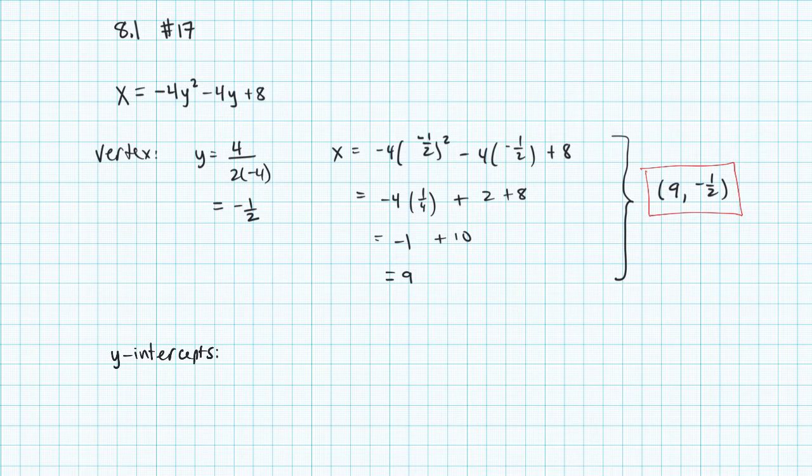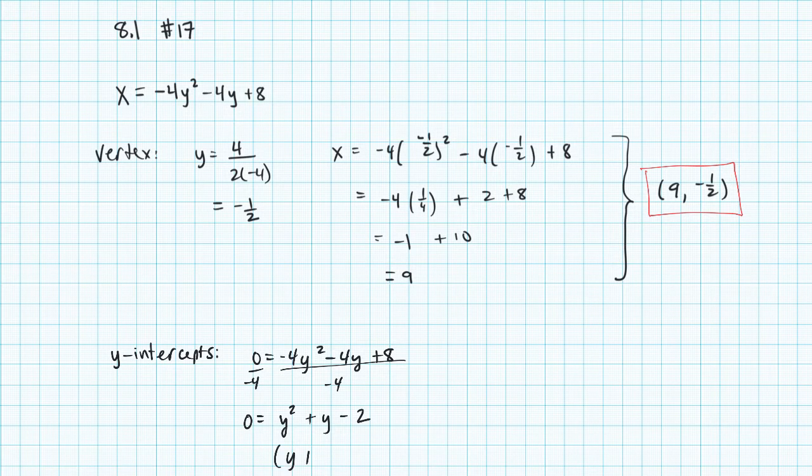Okay, the next step is to find the y-intercepts. And that was when I plug in 0 for x. Let's see. So we'd have negative 4y squared minus 4y plus 8, and I can divide both sides by negative 4. So I'd get 0 is equal to y squared plus y minus 2.